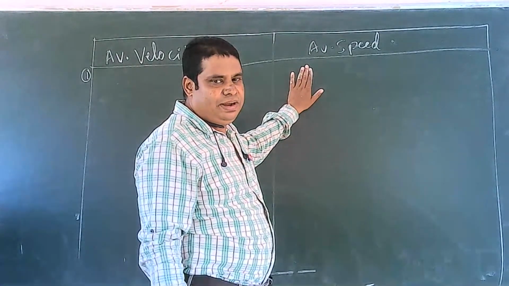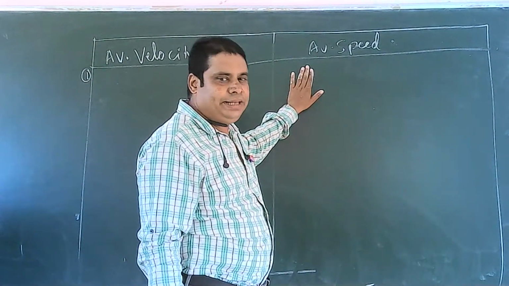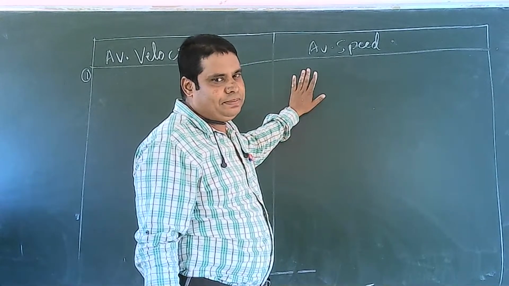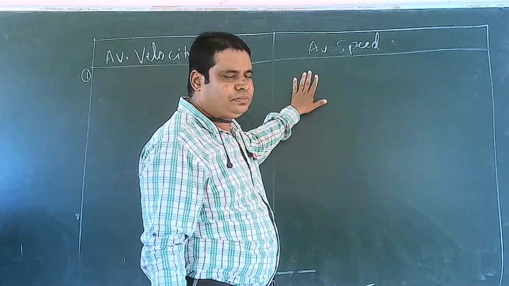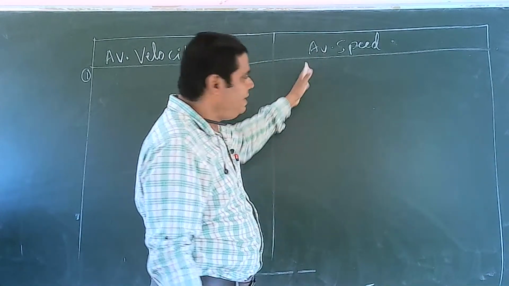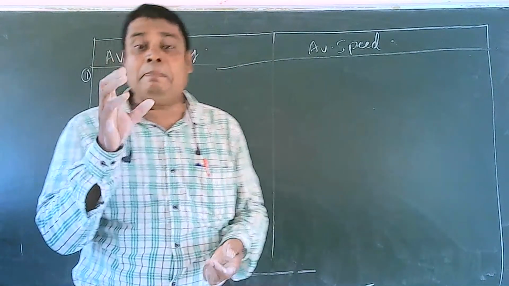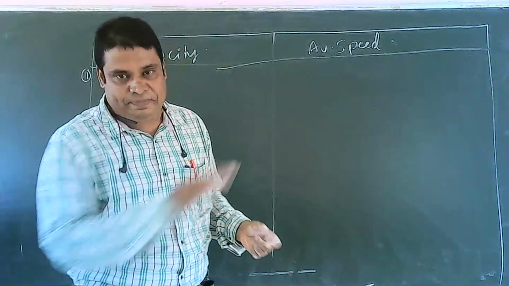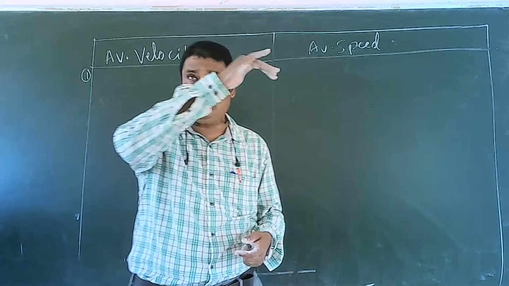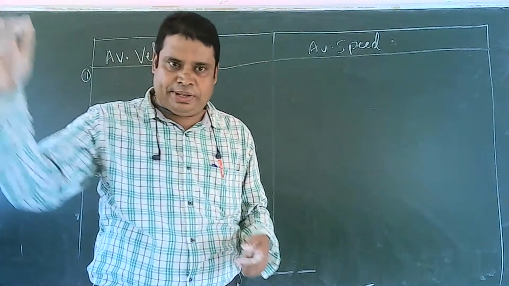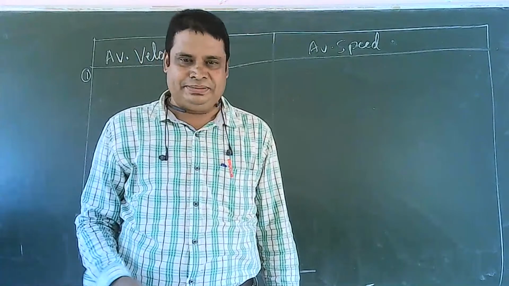Average speed is defined as the total path length traveled by the body divided by total time taken, or the ratio of total path traveled to total time taken.